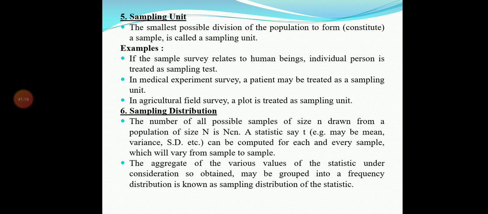Please go and write it so that you can understand. I'll explain in another technique. A statistic T, maybe mean or variance or standard deviation, etc., is computed for each and every possible sample. It will vary from sample to sample.